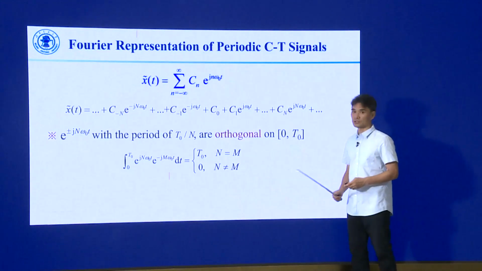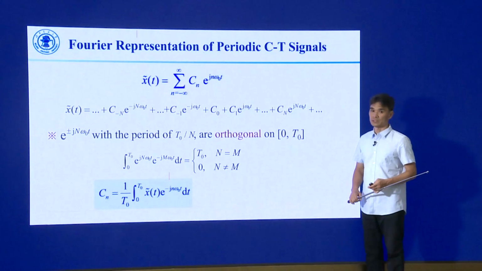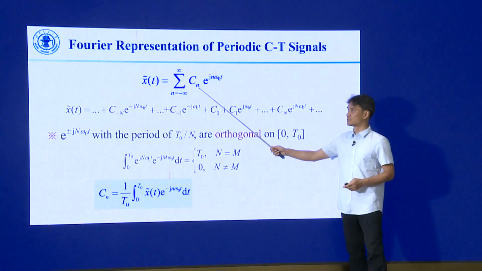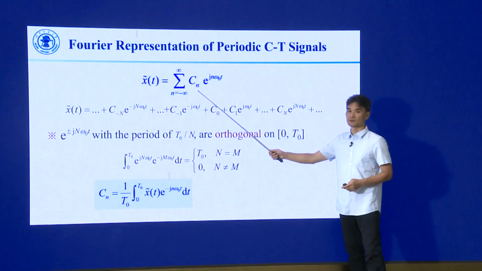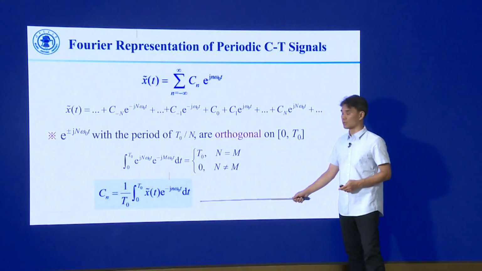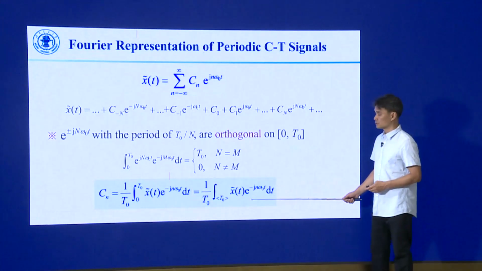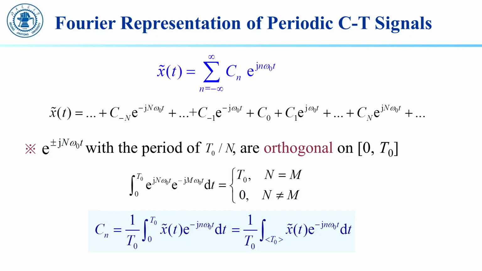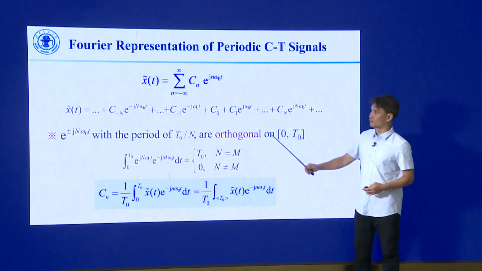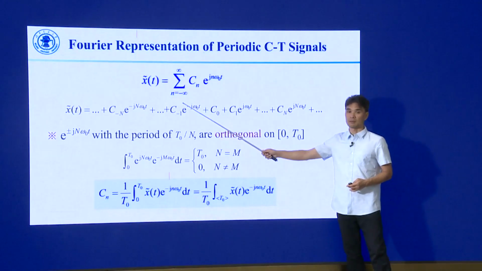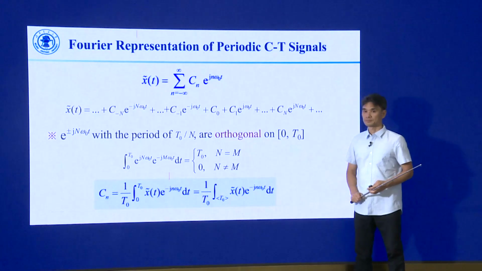Based on this condition, and I'm not going through the details, the coefficients of the continuous time Fourier series can be calculated in this format. So this is how we can evaluate the Fourier series of any given continuous time periodic signal.